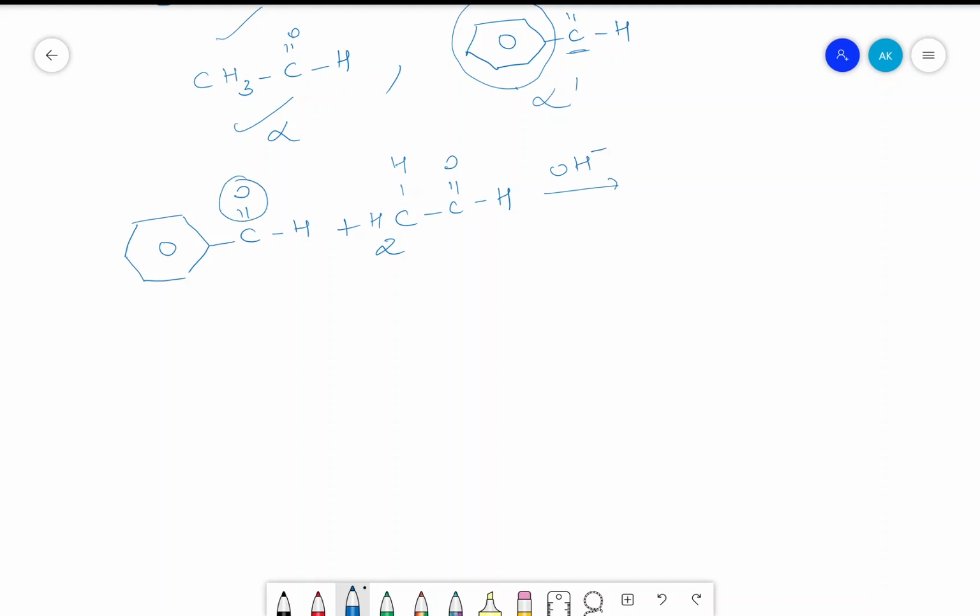This group will change to OH, so phenyl as it is, COH H. This will be removed as CH2 as it is, CH2 C double bond OH. So this particular compound we got here is an aldol product.